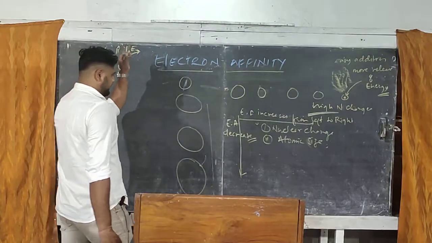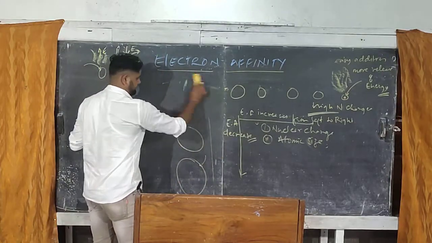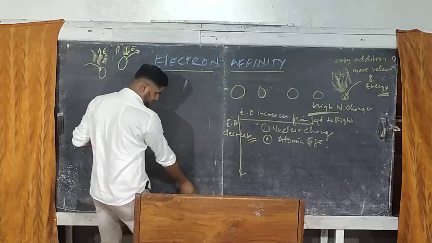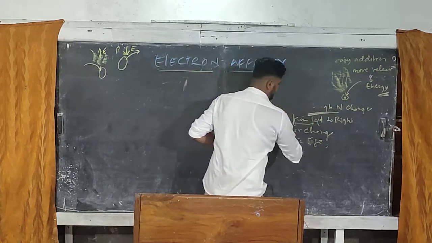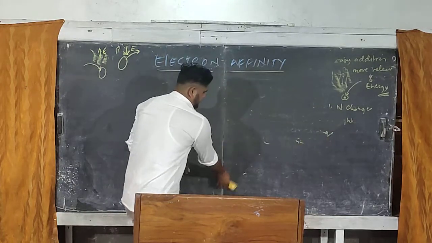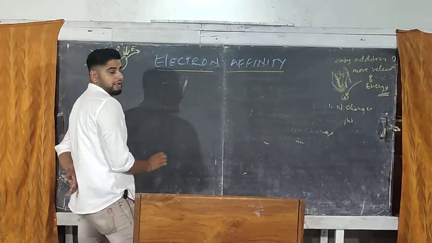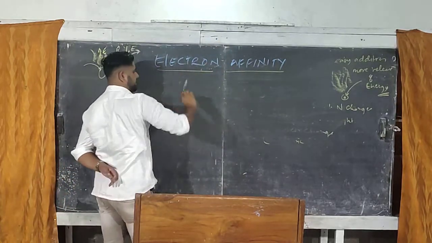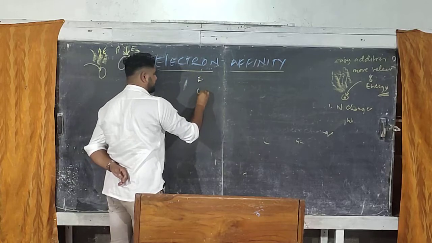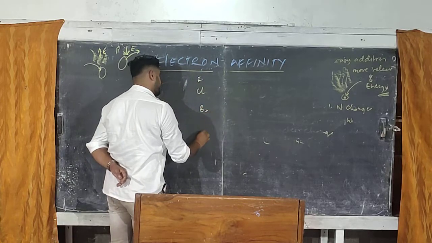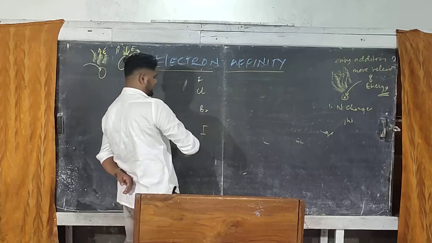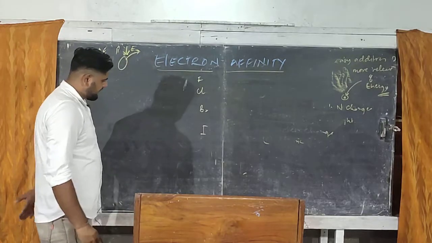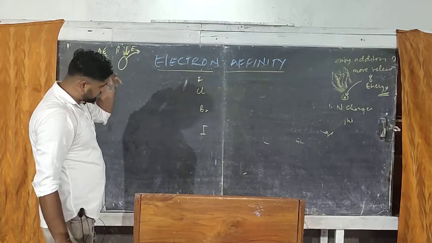So here you'll get one question, and this question is very important. The halogen group: fluorine, chlorine, bromine, iodine, and astatine. Let us forget about astatine.